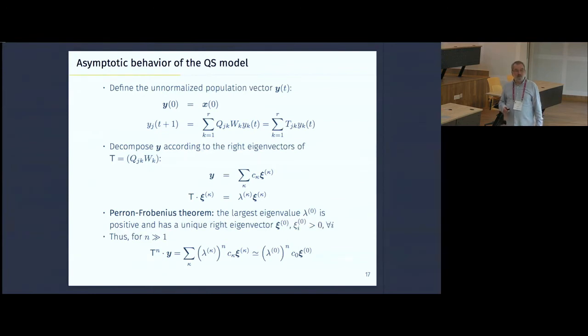And therefore, if we iterate this dynamics for a very long time, whatever initial state we start, we end up with something which is proportional to this right eigenvector, times some constant, which anyway will go away when we normalize. Is this result clear? So what is the meaning of this result?